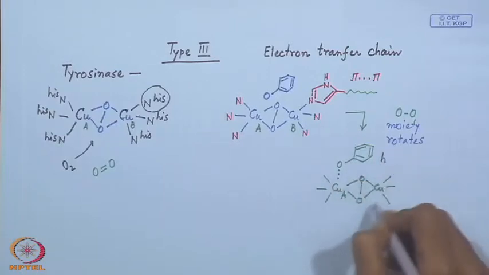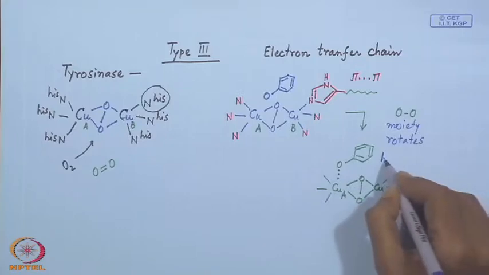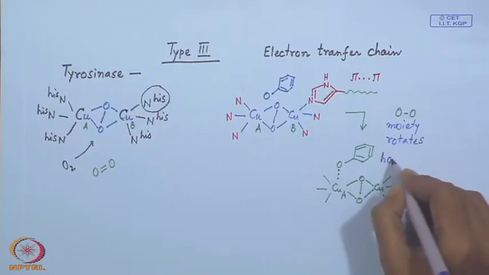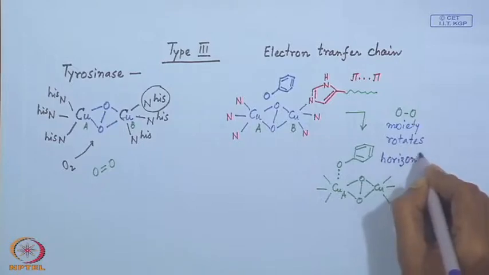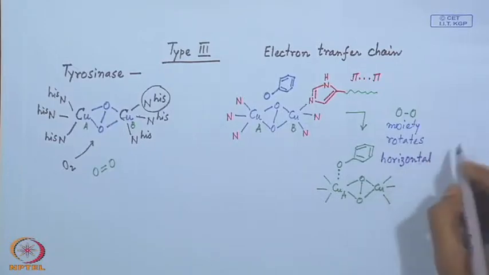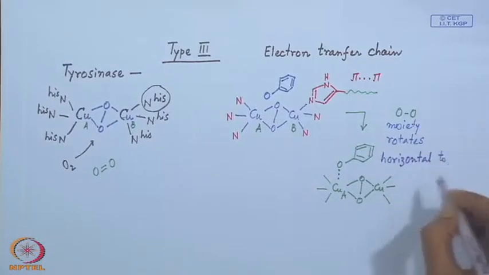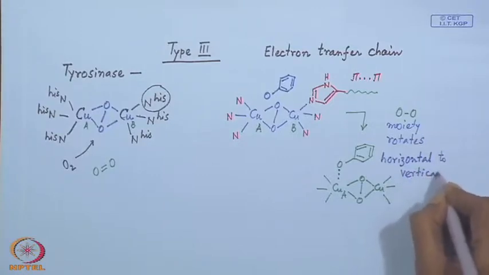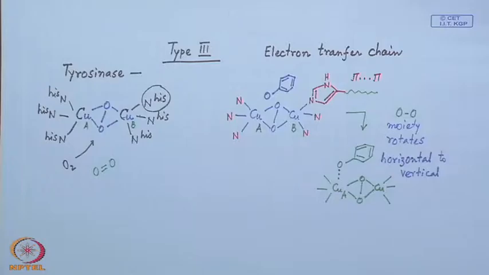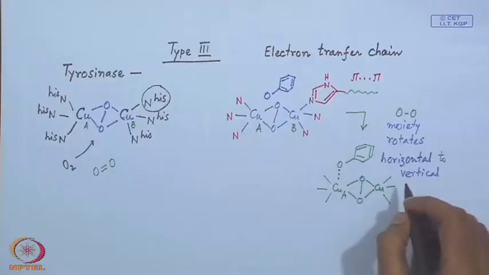That means the orientation basically changes, and we sometimes call it that the movement is going from a horizontal position to a vertical position, because these are all 3-dimensional structures. It is very difficult to visualize on a plane of paper how it is moving, but it is moving above the plane and below the plane.